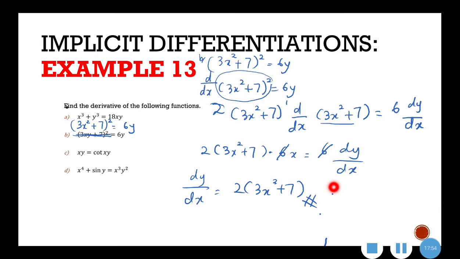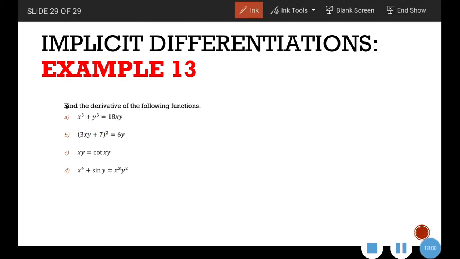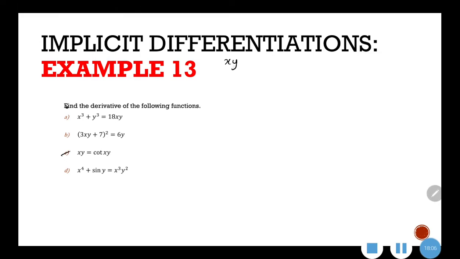Okay, now let's move on to the next question. Okay, xy equal to cot xy. So remember, copy x, differentiate y. For this part here, copy x, differentiate y, you will get dy dx. Okay, plus with copy y, differentiate x.